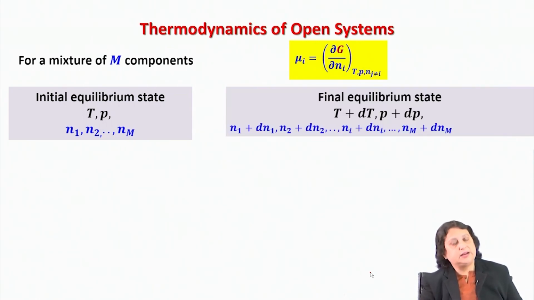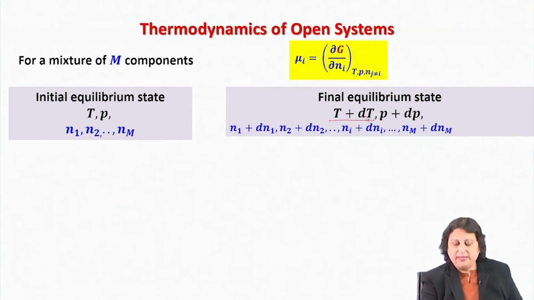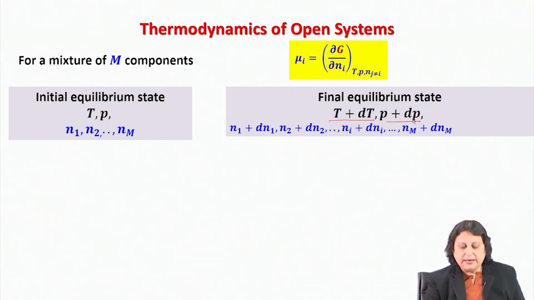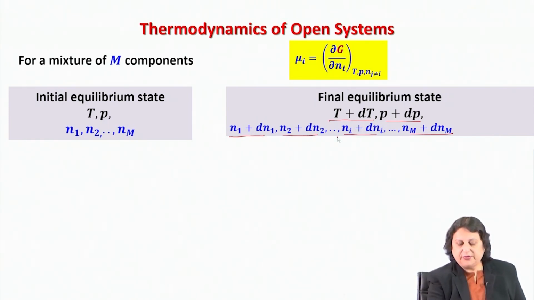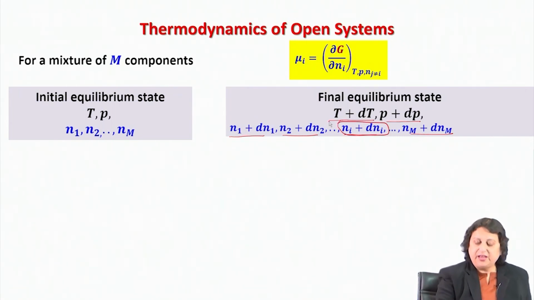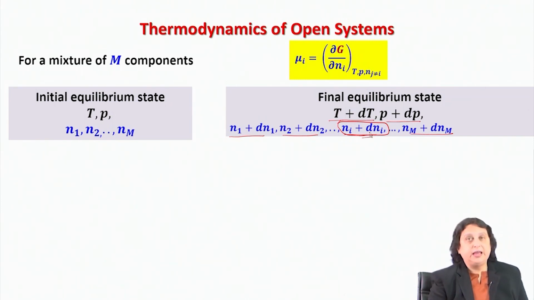I'm going to look at a final equilibrium state where in general I have carried out the following changes. At the final equilibrium state, the temperature has changed from T to T plus dT. The pressure has changed from P to P plus dP, and each of the components now has undergone an infinitesimal change so that for the ith component, the number of moles changes to Ni plus dNi.